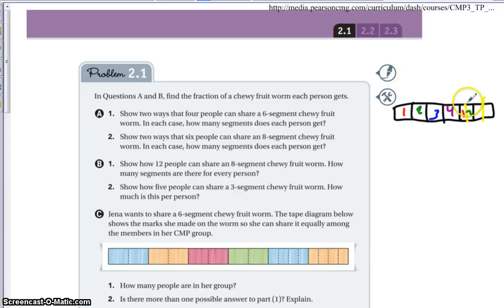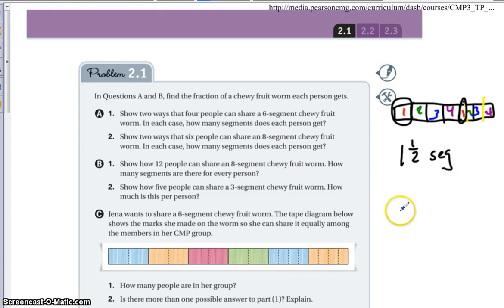Person 2 would get that half, person 3 would get that half, and person 4 would get this half. So each person then would get 1 and 1/2 of a segment.